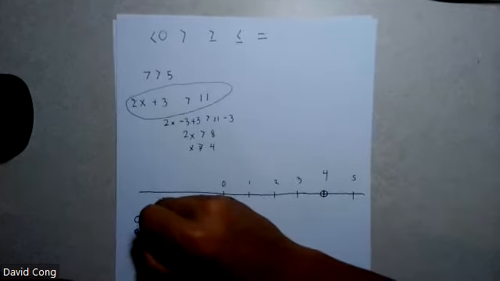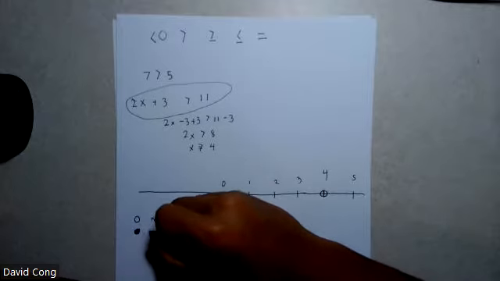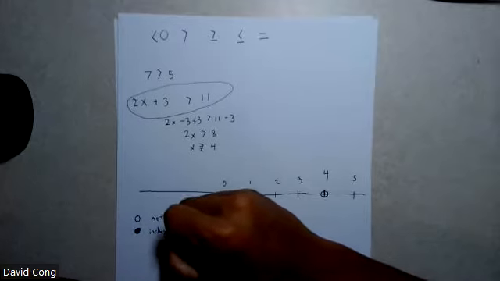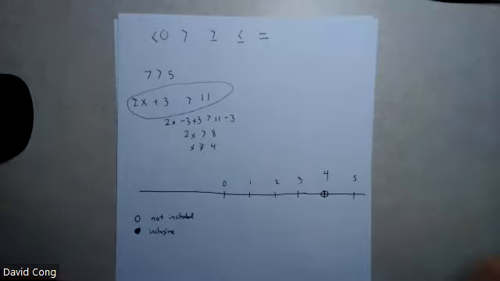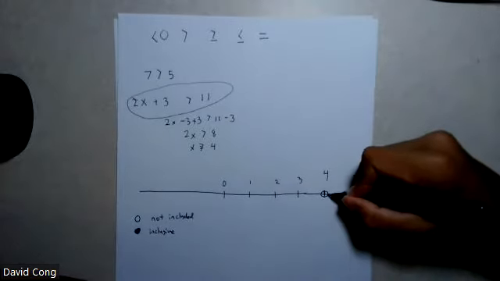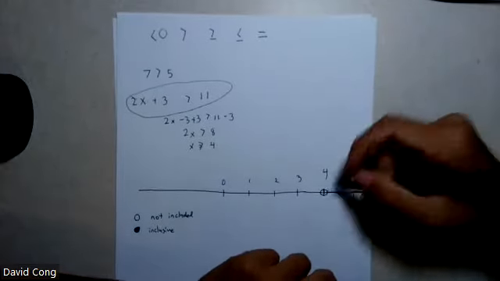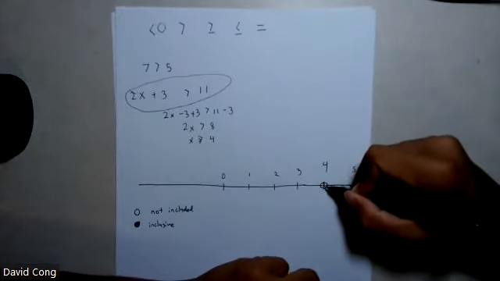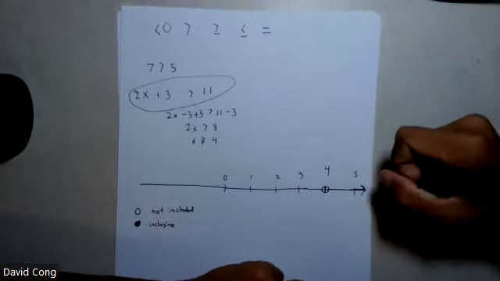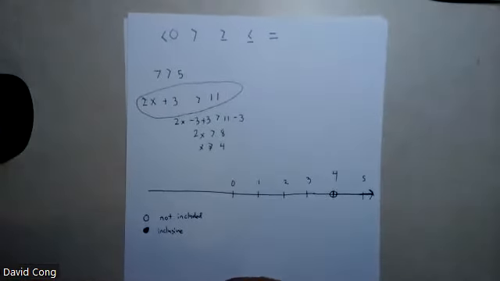But a shaded dot means it's included. So we take an open dot, and now we have to draw a ray in the direction. So what this says is any number greater than 4, but not including 4, is a solution to this equation.